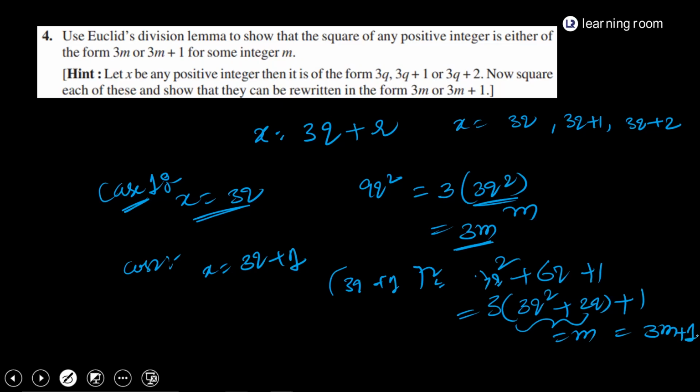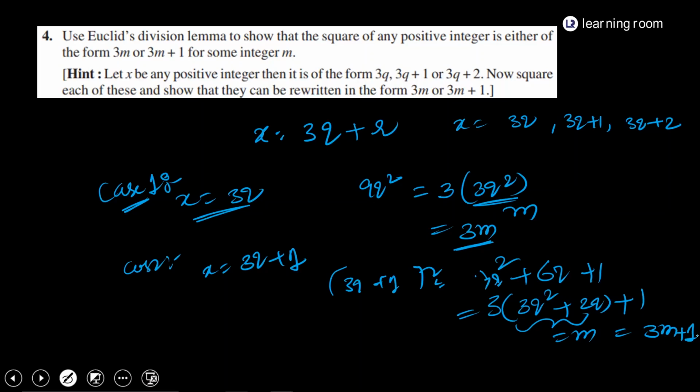Not clear? So we are considering x is equal to 3q plus r, right? So what are the values of r it can take? 0, 1 and 2. So we have three cases. When r is 0, when r is 1, when r is 2. So now we are taking case 1 where r is 0. So here x is equal to 3q.